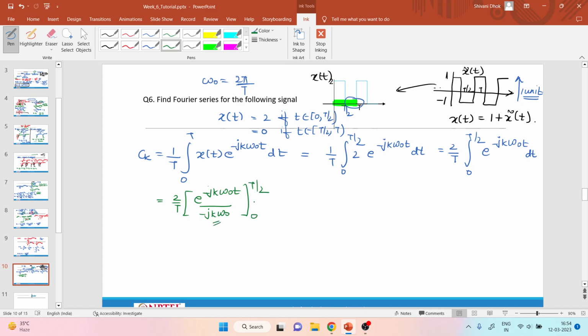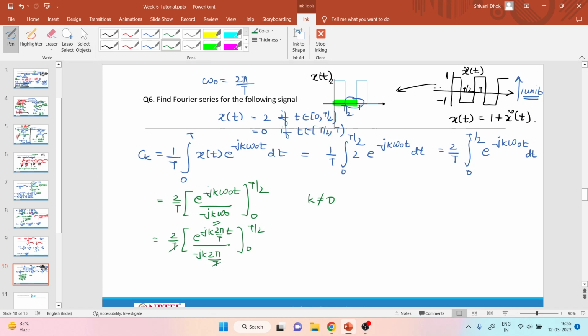Again this is valid only when my k is not equal to 0, because this k is coming at the denominator. Now let us substitute the value of this omega naught as 2 pi by T. So this is equal to 2 by T into e power minus j k 2 pi by T t upon minus j k 2 pi by T from 0 to T by 2.